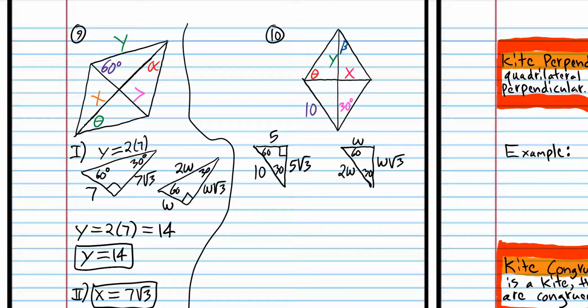So now this diagonal is bisected by the other diagonal. So if this length that we just found is 5, then x must be also 5. So x is 5. That's the first one we found. And we know that this length here is 5 root 3, so this length must be 5 root 3. So y is 5 root 3.